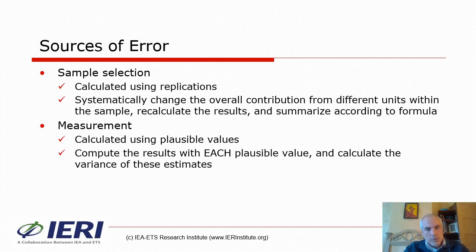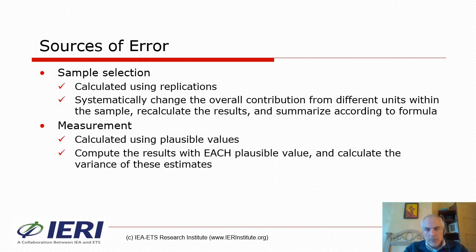There are two sources of error that we are concerned with in the analysis. One is the sample selection, and this is calculated using replications of the samples. We do this by systematically changing the overall contribution from different units within the sample, recalculating the results, and summarizing the difference between these replicates according to a formula.